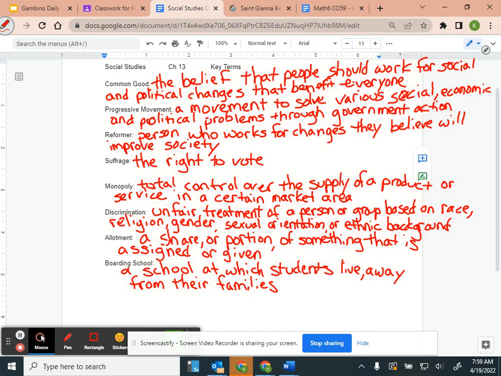So that boarding means living there, getting food and a roof over your head. So a boarding school is a school that people live at, not just colleges. Colleges, you pay room and board to live at the school. This is for younger people. So there are boarding schools that are elementary, middle school, high school. So you can be your age right now and be living away from home, living at a school somewhere else.